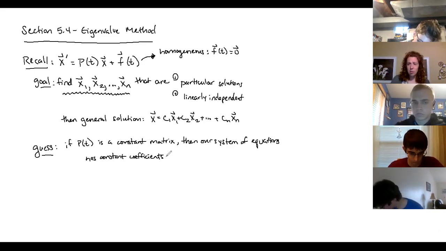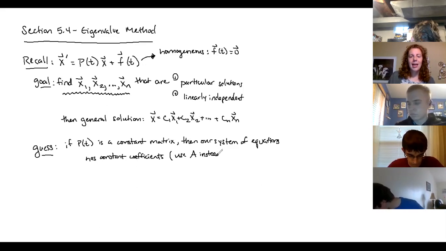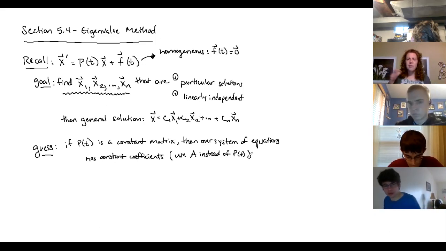Everybody clear on that? Baby steps. And in this case, we're going to use capital A instead of P of t, just so that we can remind ourselves our matrix has just numbers in it and no functions.